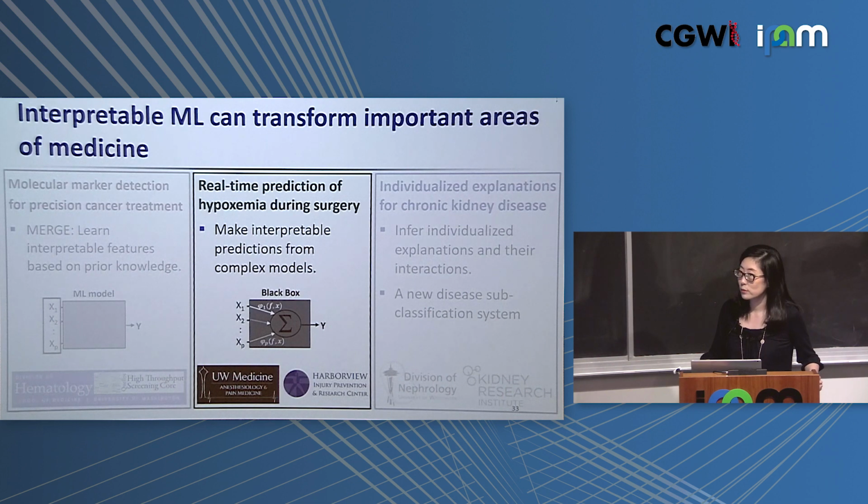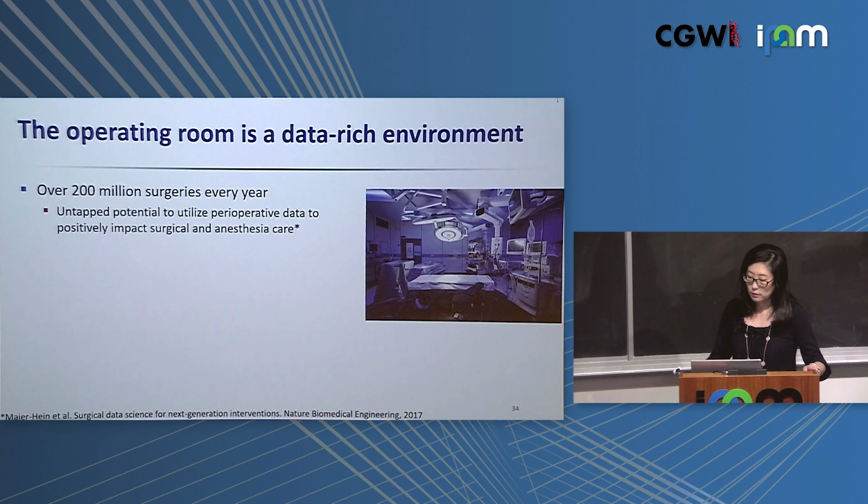I'm quickly moving to the second part, which is a completely different machine learning approach. This second part of the talk is about our machine learning system that can make real-time predictions of various adverse events during surgery, and can explain why the event is likely to occur.